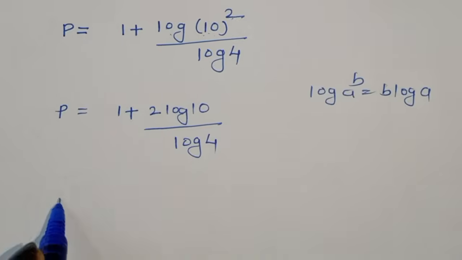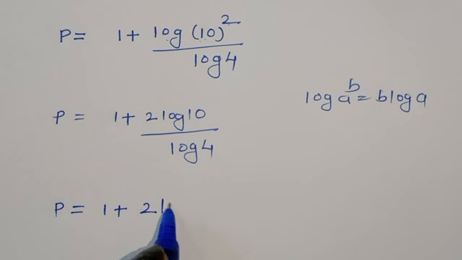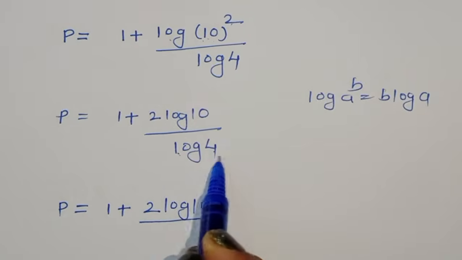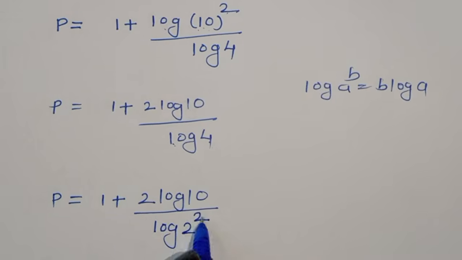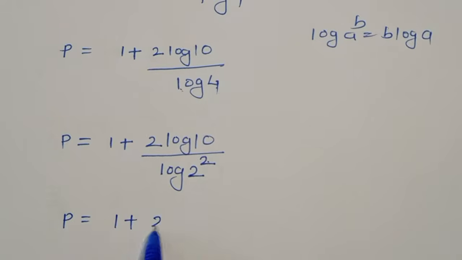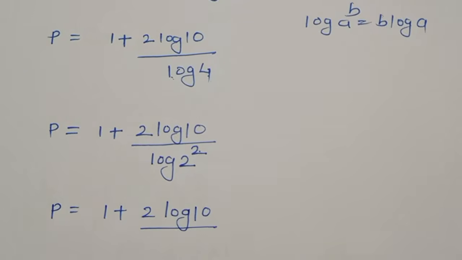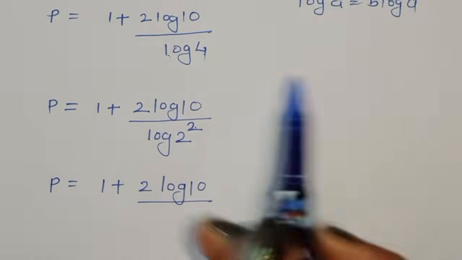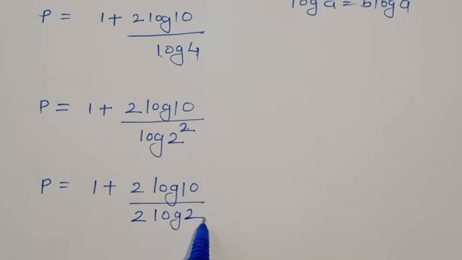Now p is equal to 1 plus 2 log of 10 divided by log of 4, which we can write as log of 2 square, since 2 square is 4. Again, log of a power b is b log of a, so it becomes 2 log of 2.